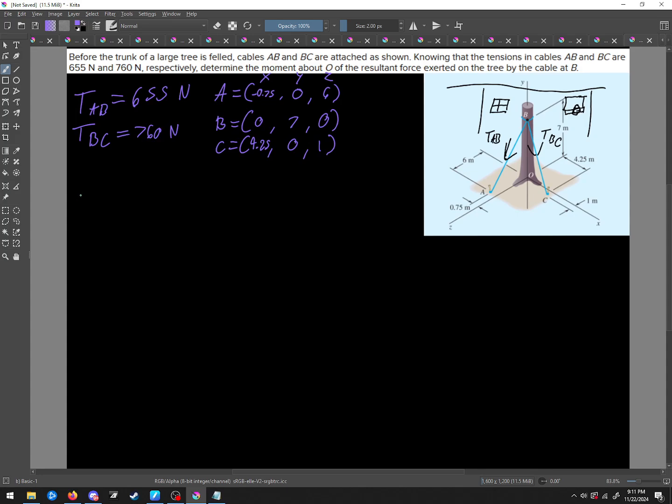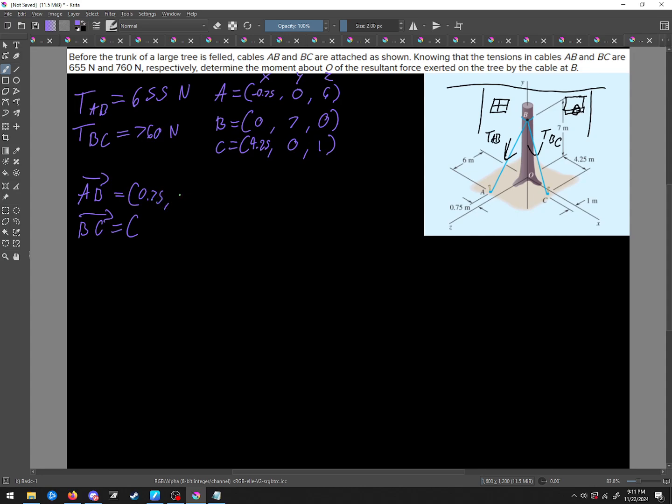So now we're going to find a vector AB and vector BC. I keep doing that. It's going to be B minus A, so it's going to be 0.75.